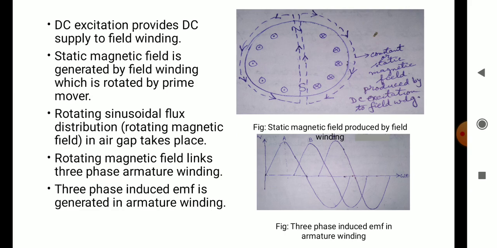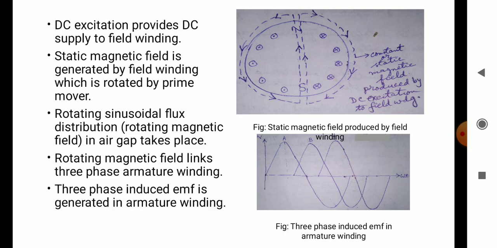The DC excitation system provides DC supply to the field winding and it produces a static magnetic field. The field winding producing the static magnetic field is rotated by the prime mover and results in production of a rotating sinusoidal flux density distribution in the air gap space between the rotor and the stator.